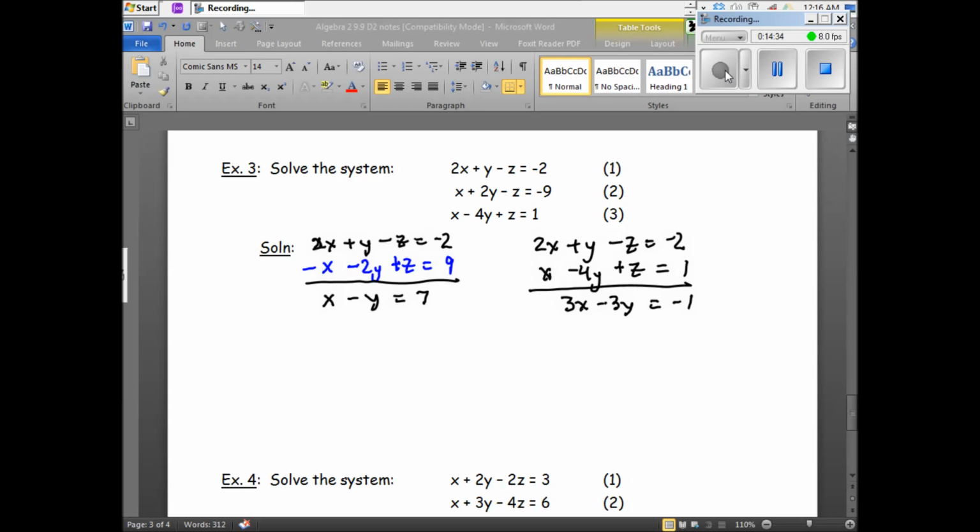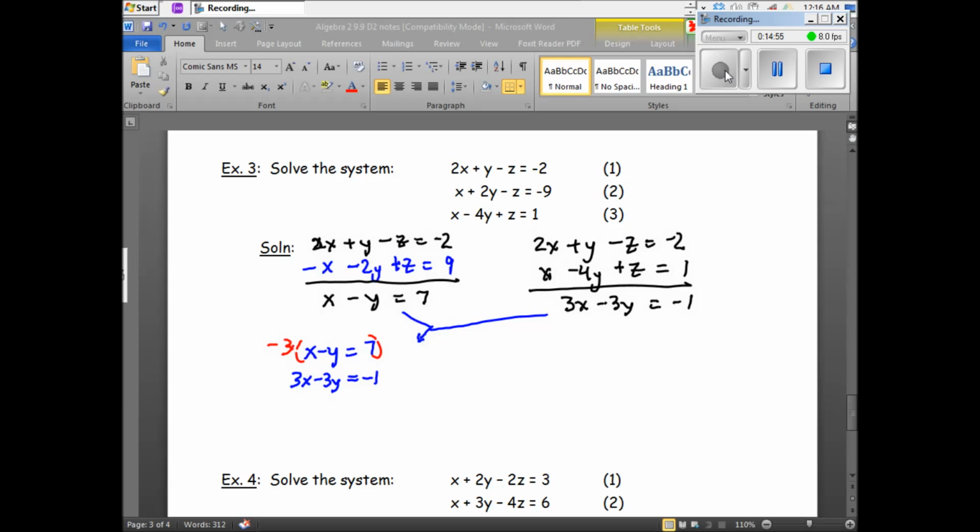And let's take these 2 equations. Both are lacking the z, so they should work together nicely. And we have x minus y equals 7, and 3x minus 3y equals negative 1. Let's multiply the first one by negative 3.